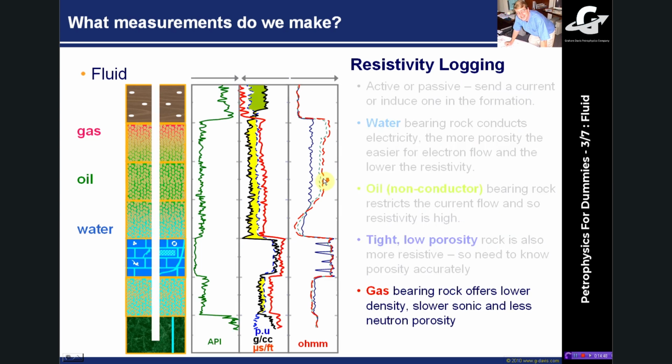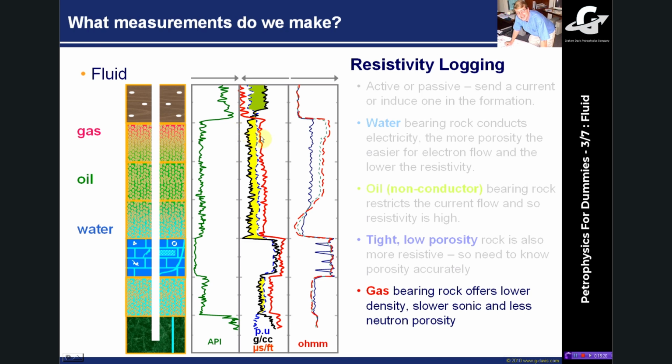Okay, and one of the other things we know about fluid is in gas-bearing rocks. If we have gas in a rock, and remember I put a little bit of gas at the top here, gas generally has a low hydrogen index. There's less hydrogen about the place, so therefore it's less dense. What often happens as well is, remember, when sonic waves travel in air, they're much slower, so we often see a decrease in density.